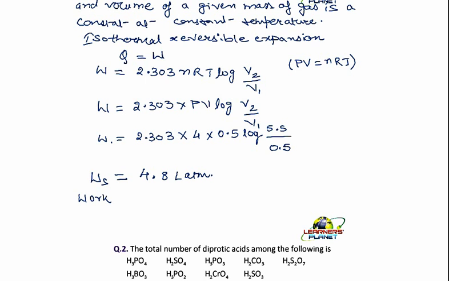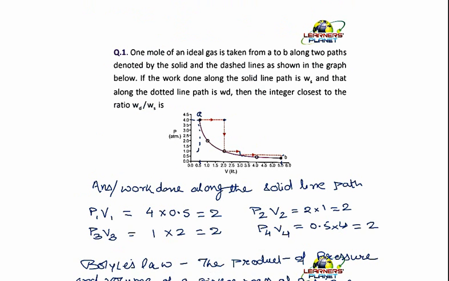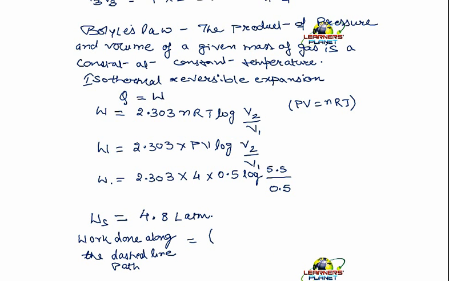Now work done along the dashed line path is equal to what? P delta V, that is, what was the first pressure over here? If you take up the graph, it is 4, and V2 minus V1, that is 2 minus 0.5.